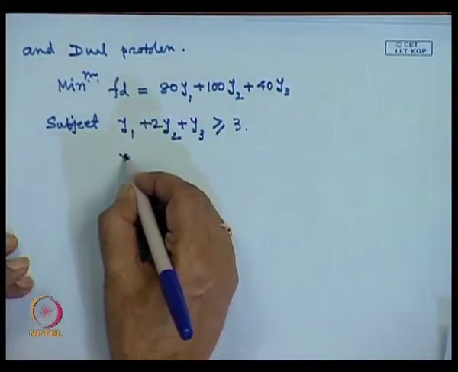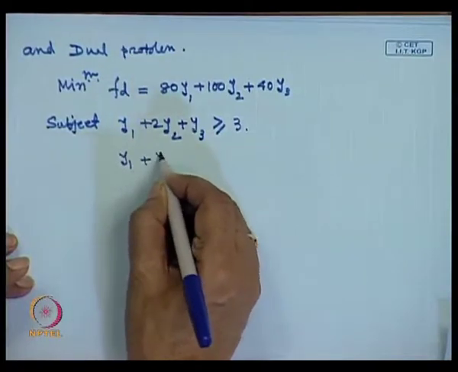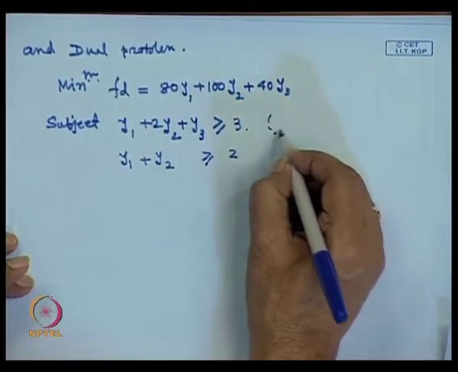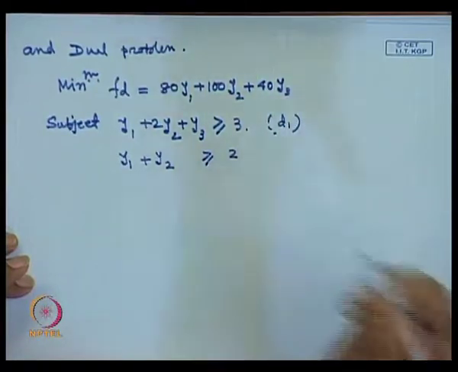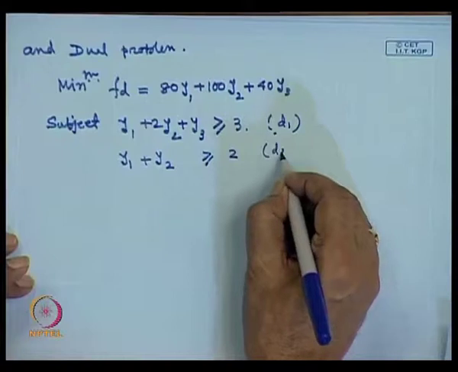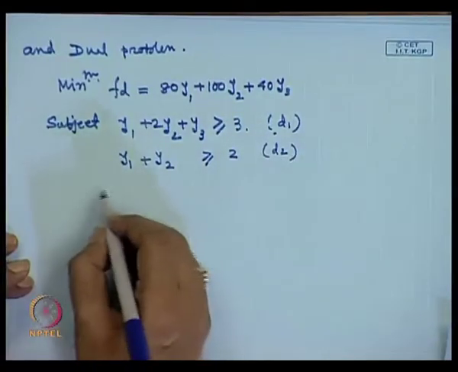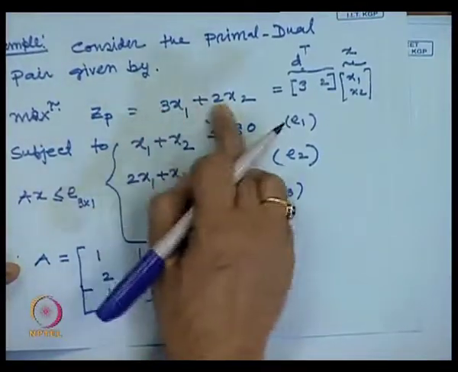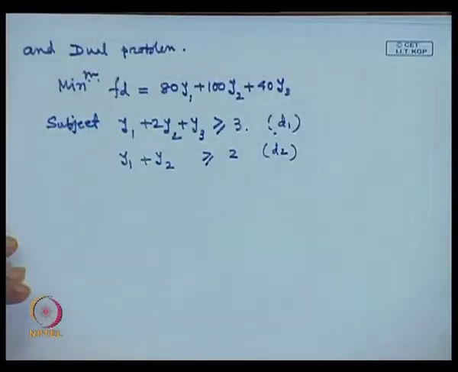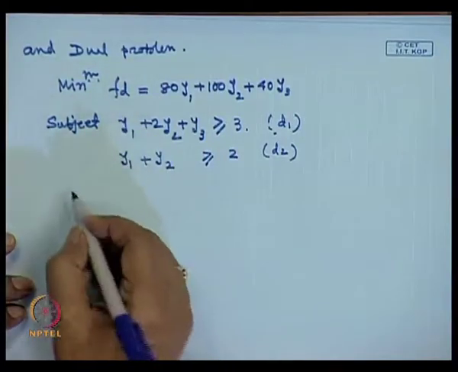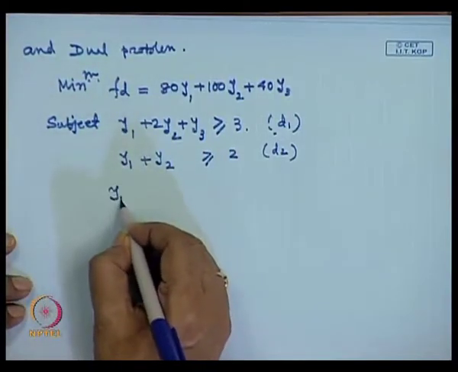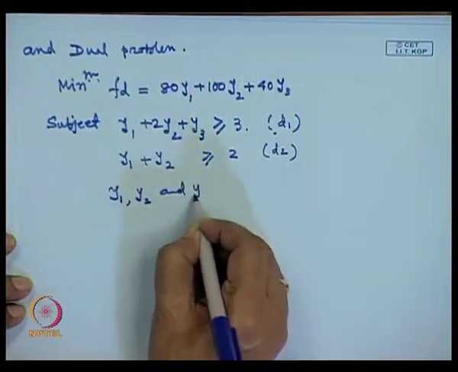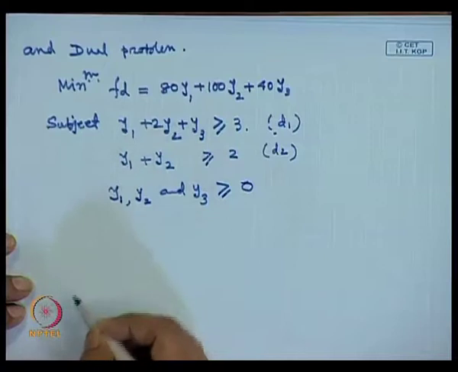Then next, similarly I can write y 1 plus y 2 greater than or equal to 2, and that we have denoted by d 1. If you see, d 1 coefficient is this, this is d 2, and then we have 2 coefficients, if you see here. So, 2 inequality constraints will be there in the dual problem, and y 1, y 2 and y 3 will be greater than or equal to 0.